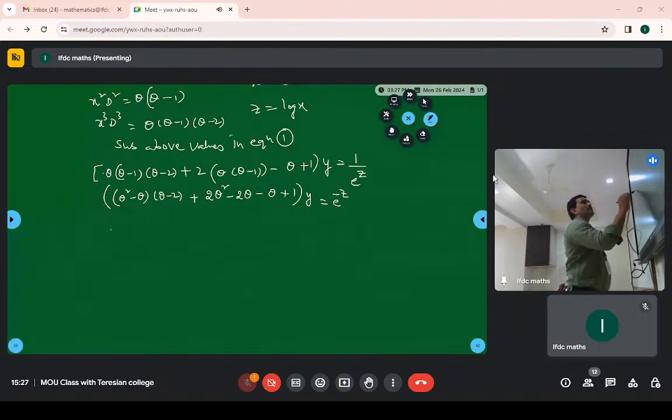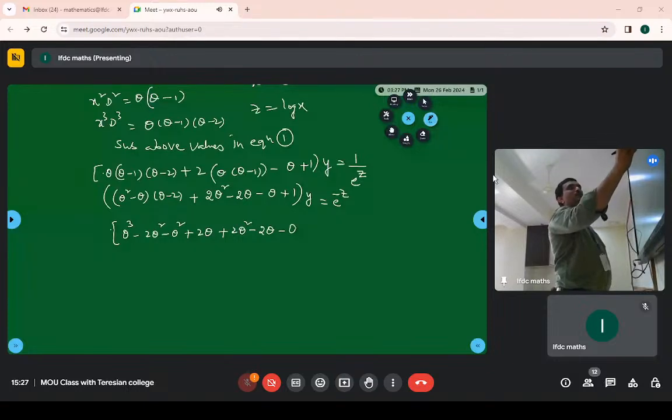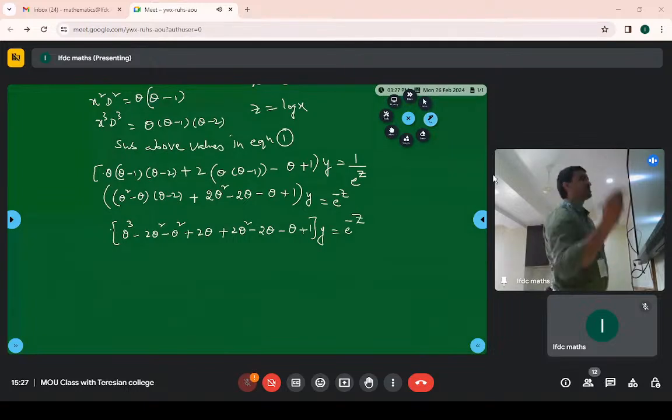If I want to multiply this inside, theta square into theta cube minus 2 theta square minus theta square into minus, plus 2 theta, plus 2 theta square, minus 2 theta minus theta plus 1, whole into y is equal to e power minus z.